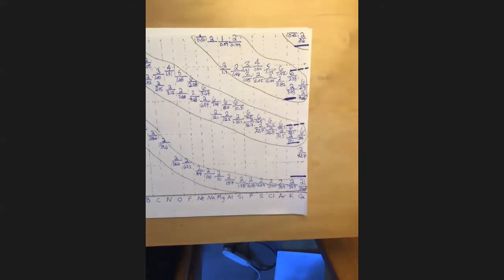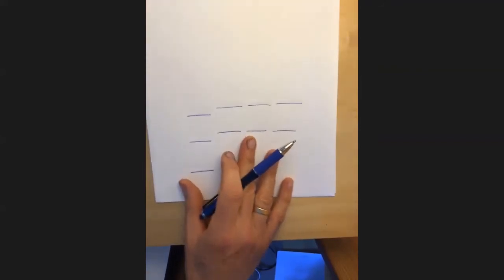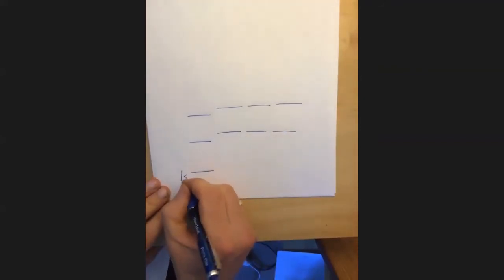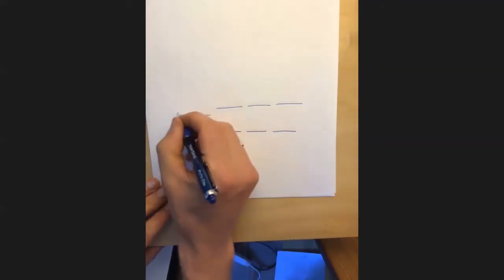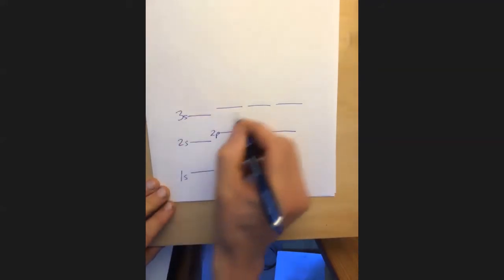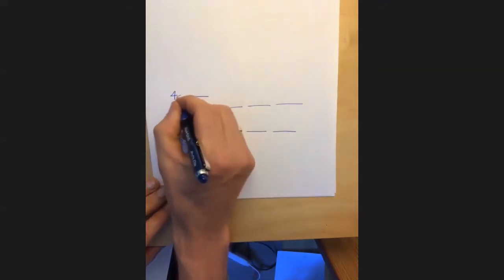And that translates into an energy level diagram. So we have the 1s, the 2s, the 2p, the 3s, the 3p, and for now, we'll just stop at the 4s.